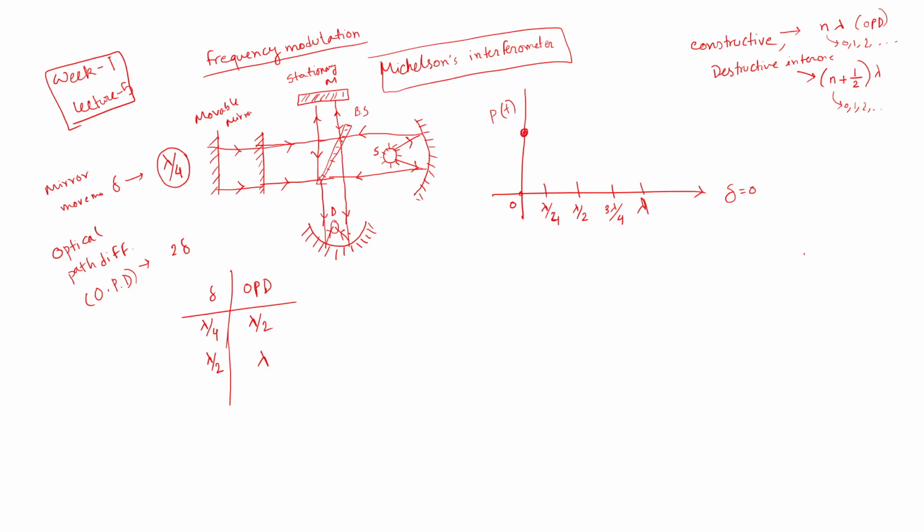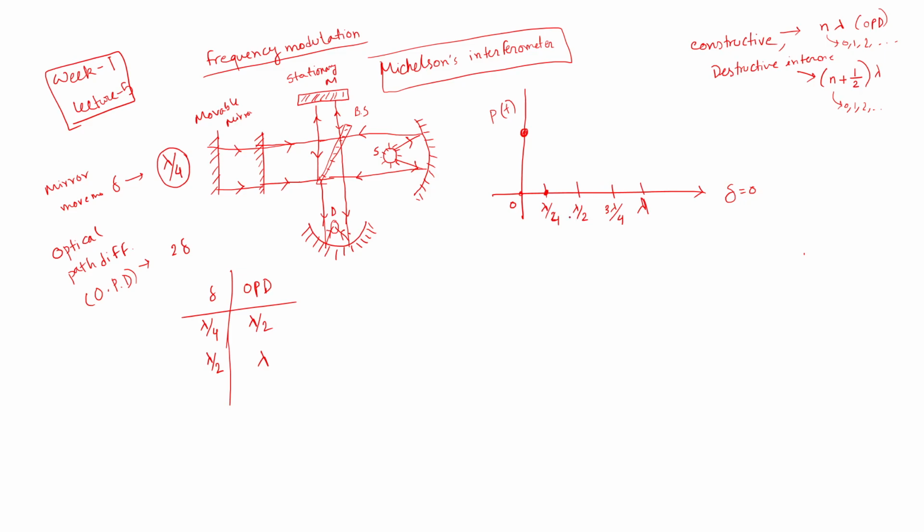At delta lambda by 4, the optical path difference will be lambda by 2, and that will give us a negative or destructive interference, and we will not get any signal from it. And again at lambda by 2, what is going to happen?